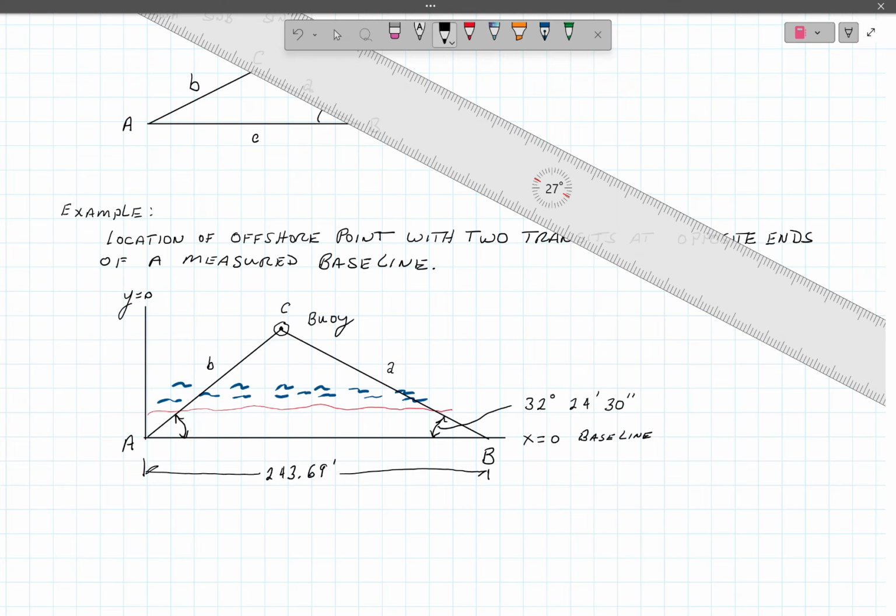Okay, and that'll be angle B. Angle A, I'm going to take that one out around here, and we're going to give this one a measurement of 35 degrees, 46 minutes, and 0 seconds. Okay, so we now have two angles and a side. And this side right here, C, is equal to 243.69.